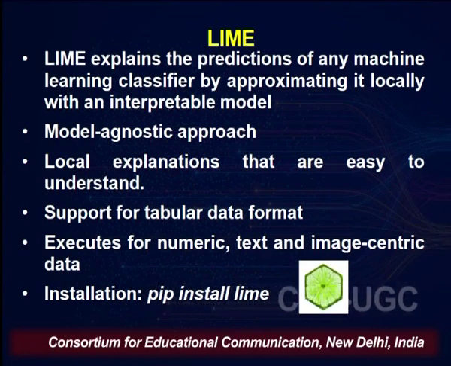Local explanations are very much supported by LIME, and it supports the tabular data format also. And not only that, you can have the data in the form of image or text or numeric.